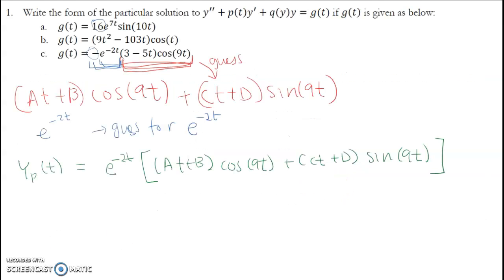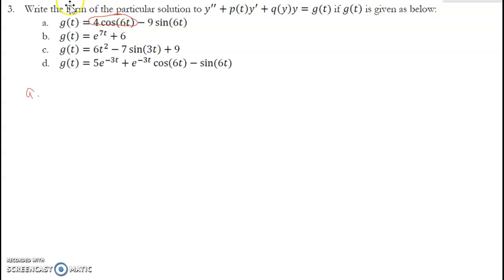Okay, so utilizing that, let's go back here, and the guess for this first part A, for cosine of 6t, the particular solution guess would be A cosine of 6t plus B sine of 6t.